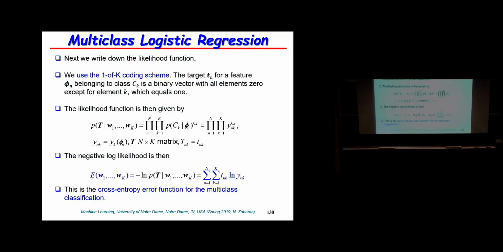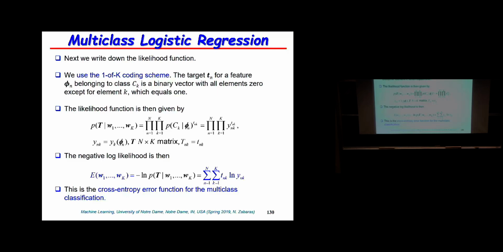We did this for the generative models. We can use the one of K coding scheme. So we have our target values for each data point, which is 1 for one class, 0 for all the other classes. So we have one of K coding. So the likelihood basically looks like what you see on the first equation.